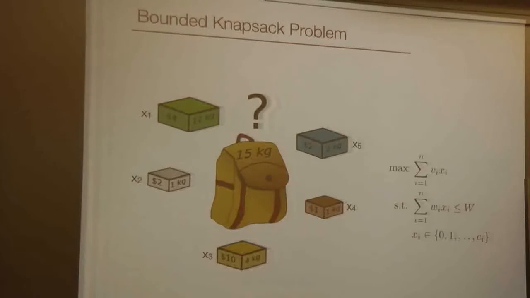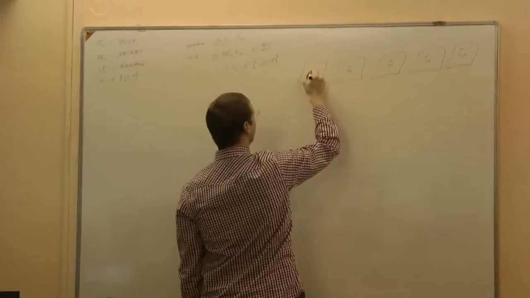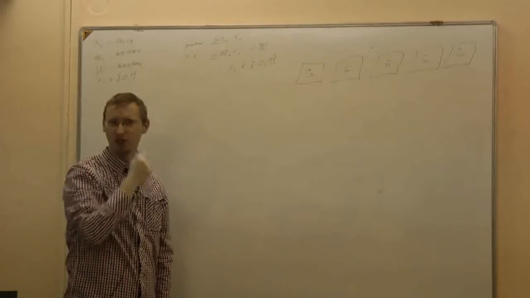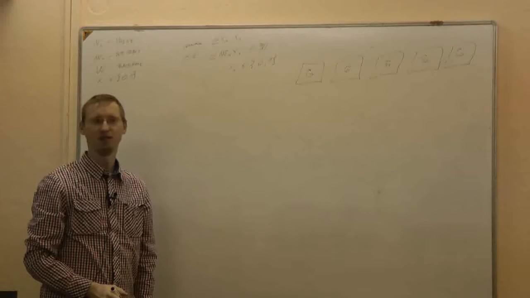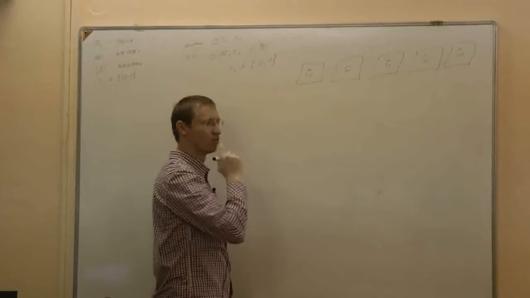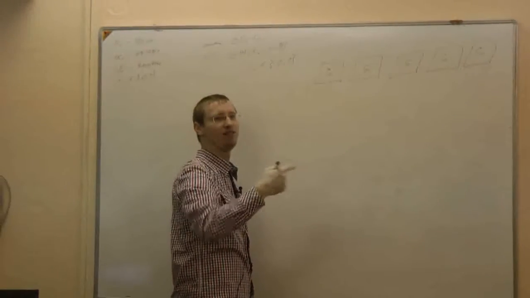Let's suppose we can take 5 of them. There are 5 codes, and each of them encodes how many pieces we take.